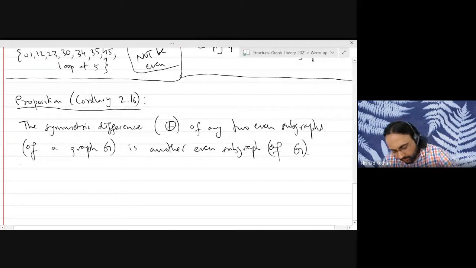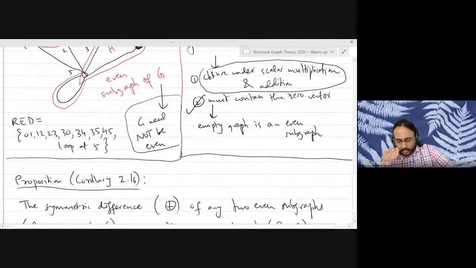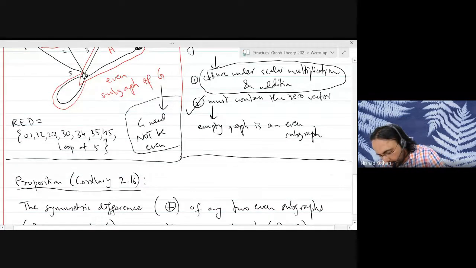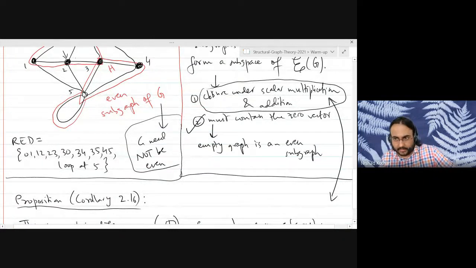Okay, so we will prove this statement, but before we prove this, I want to convince everybody that this is all we need for this to be a vector space. This is basically the closure property, because scalar multiplication is basically trivial in this case. You either take the vector or you don't take the vector. Either you multiply it by 0 or you multiply it by 1. So scalar multiplication is really trivial. Either you get the 0 vector or you get the vector itself.